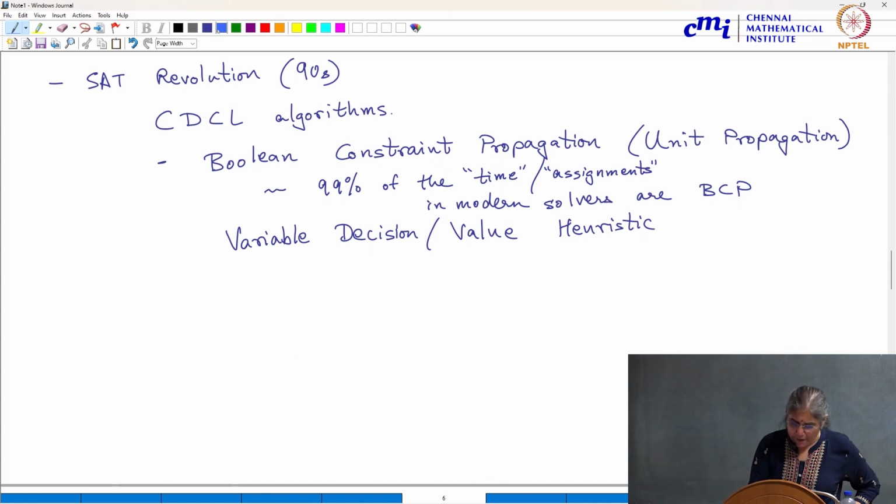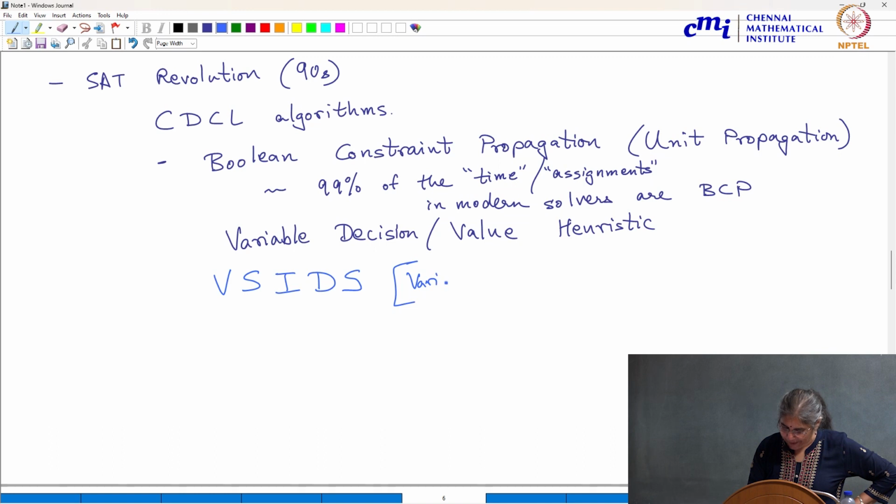For instance, there is one heuristic which is used very commonly, which is called, let me see if I can recollect, VSIDS. What does VSIDS stand for? I think it's something like variable state independent decaying sum. Yeah.